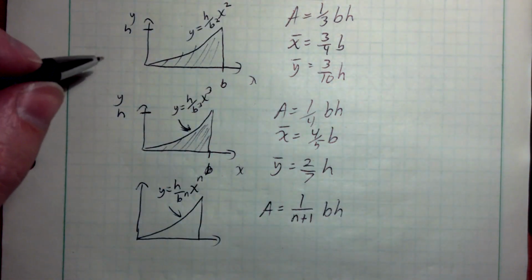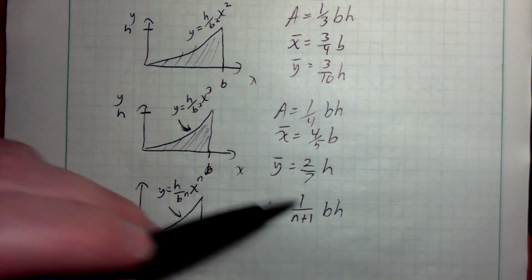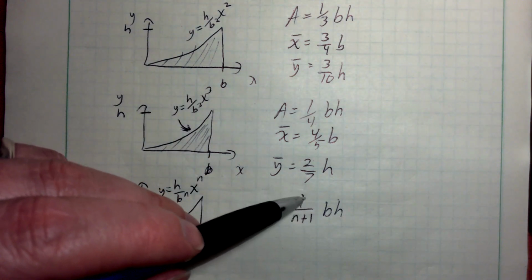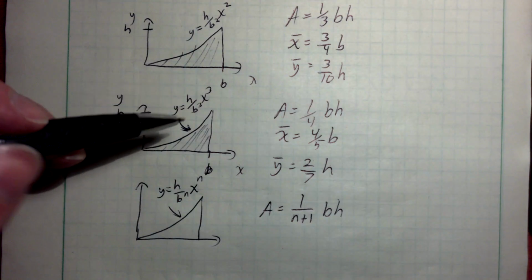That's what the area ends up being. So if it's a second order, it ends up being a third. It's 1/3 if it's a second order parabola. It's 1/4 if it's a third order parabola, etc., etc.